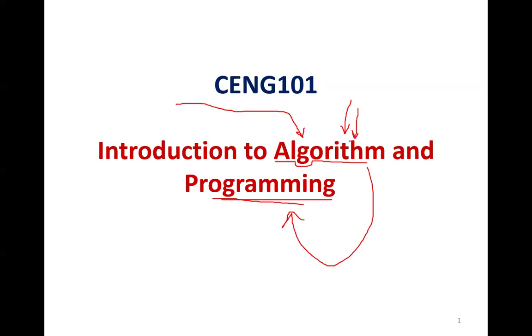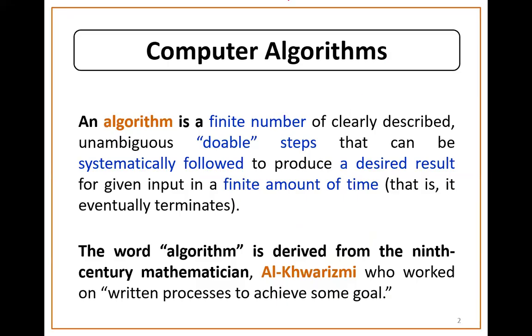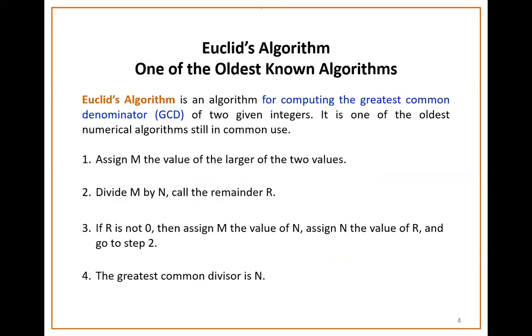So what could algorithm be? Algorithm could be a description in English of how to solve a problem. Also, we said algorithm could be a flowchart that tells you what to do. So we had an example of an algorithm.